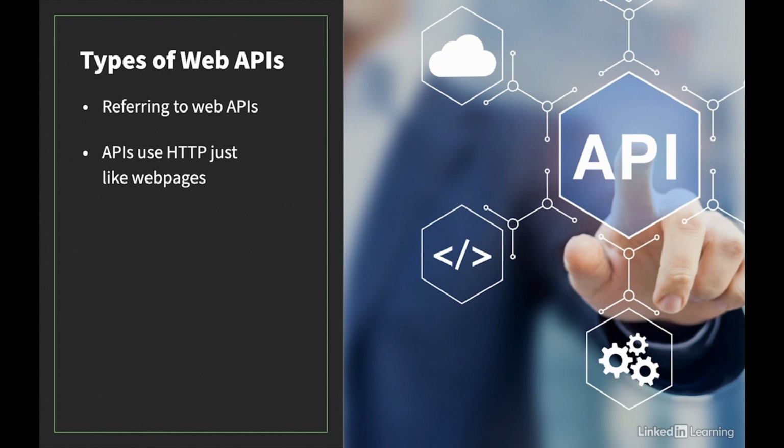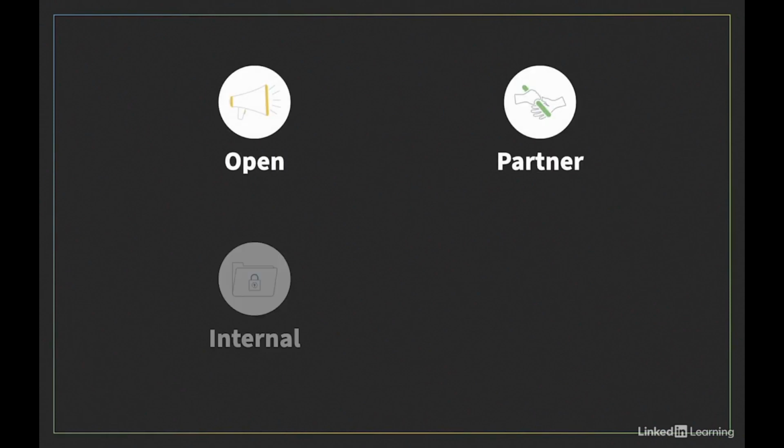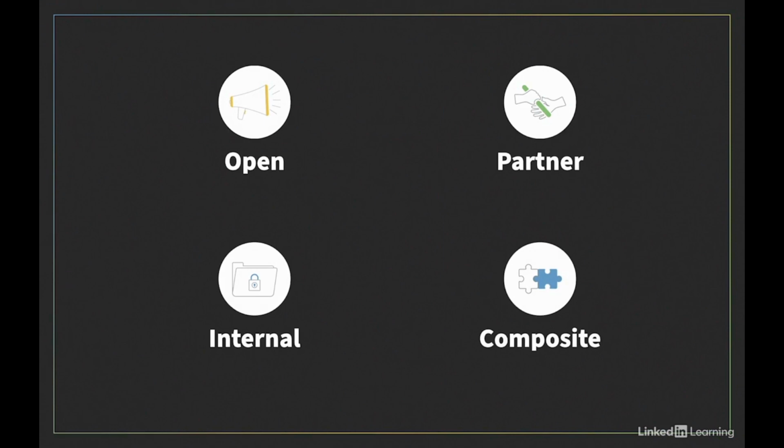So, APIs are categorized into four types based on the access levels and their scope of use: open, partner, internal, and composite APIs. The first one is public APIs or open APIs.